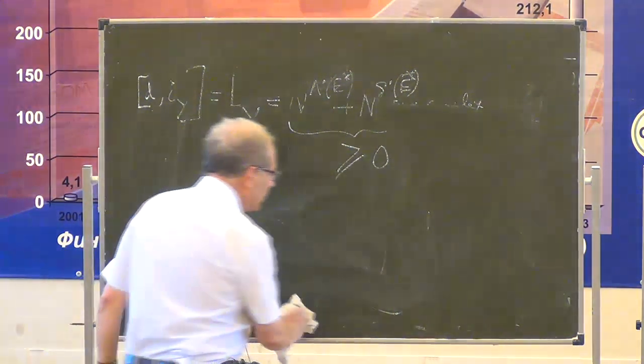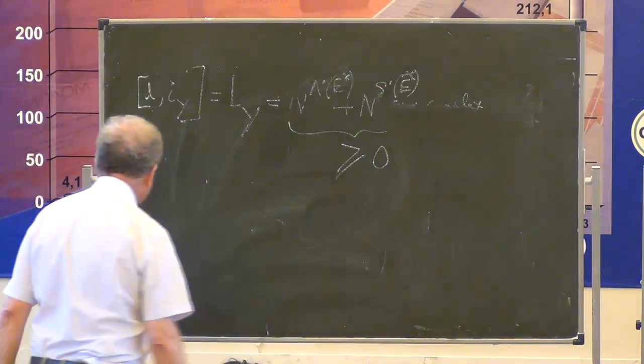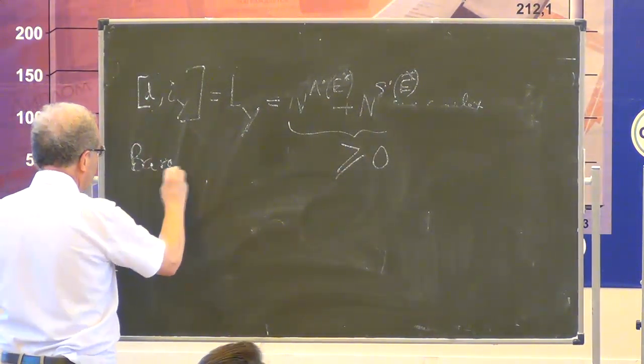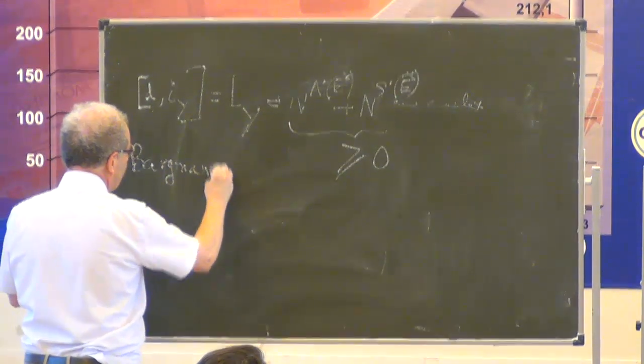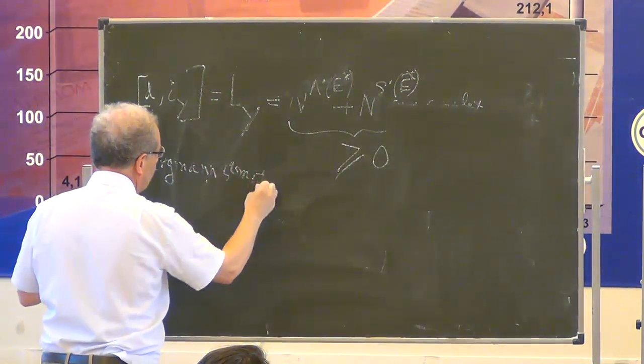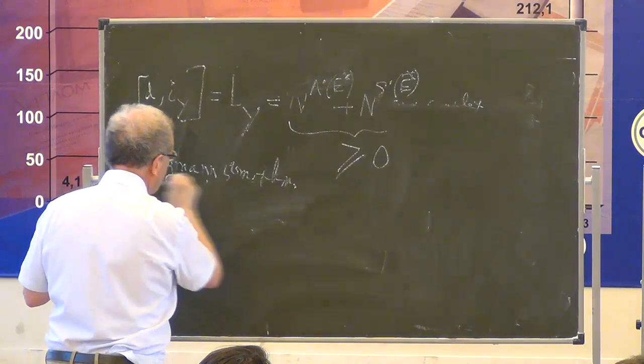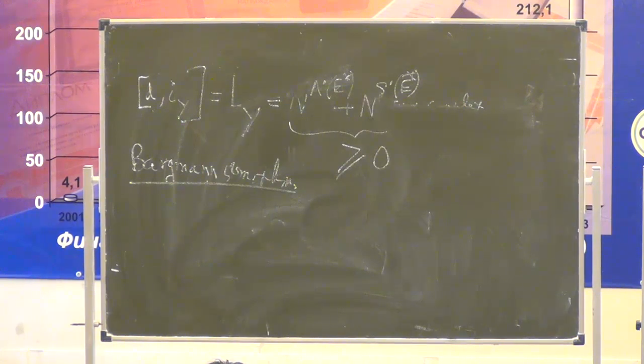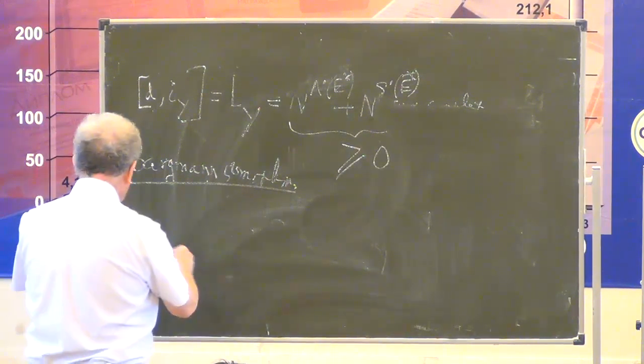Okay, so let me now explain what the Bargmann isomorphism is. The Bargmann isomorphism will allow us to pass from the algebraic de Rham complex to the smooth de Rham complex.